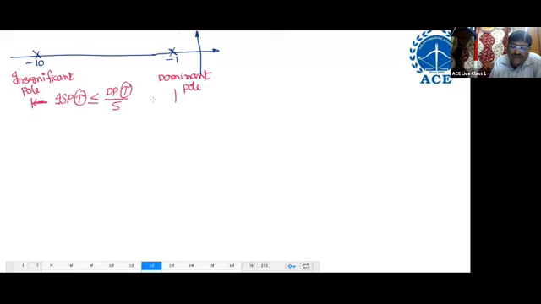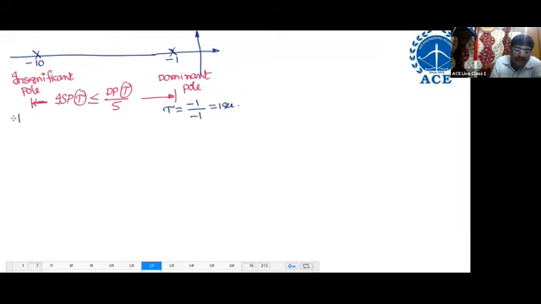Then only the leftmost pole is called an insignificant pole. It should be less by 5 times. What is the time constant of this pole? Tau equal to minus 1 by real part of the dominant pole, which is minus 1. That means it is 1 second.